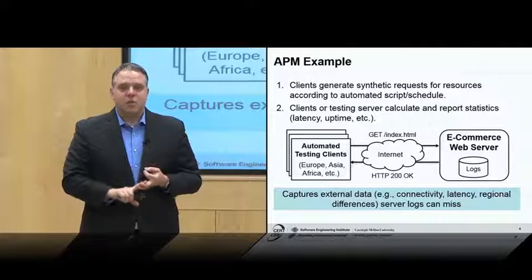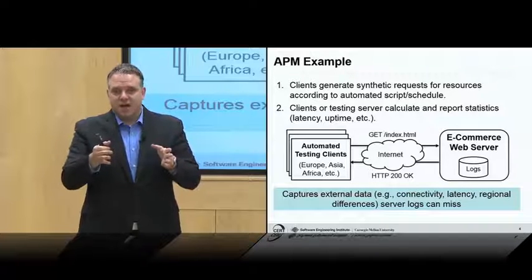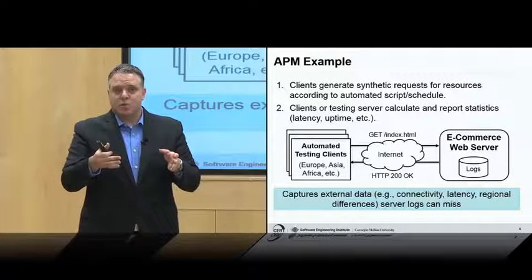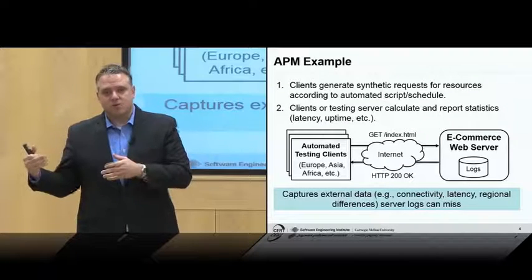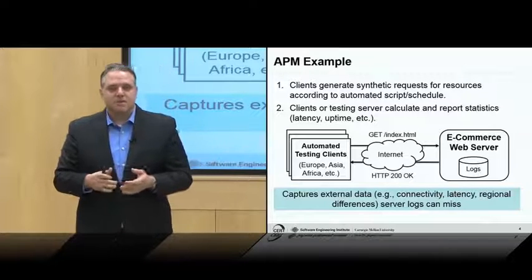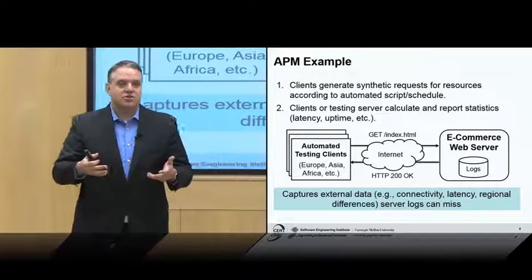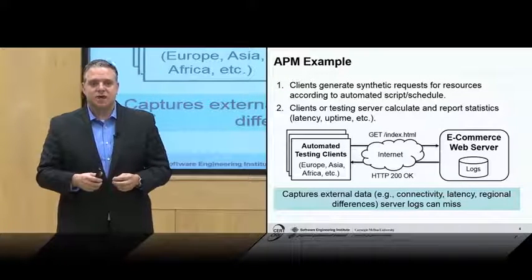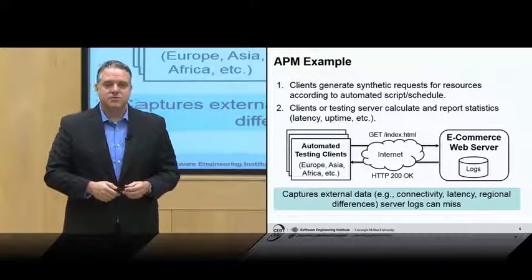And you can create reports of statistics based on, okay, so at certain times of the day, we're seeing performance degradation from certain parts of the world. And that can be very, very valuable from the standpoint of being able to fine-tune your performance, add capacity, and make sure that your servers and applications are actually able to withstand the load that they're being introduced to.